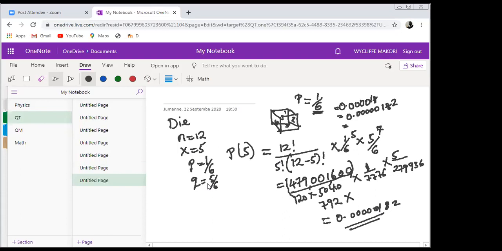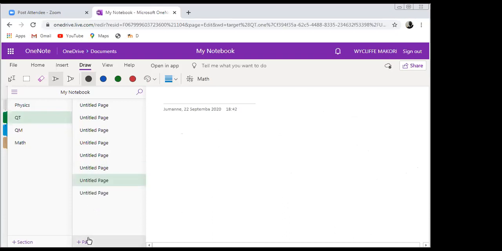Let us go to the second question. A multiple choice test contains 20 questions. Okay, automatically then n is equals to 20.